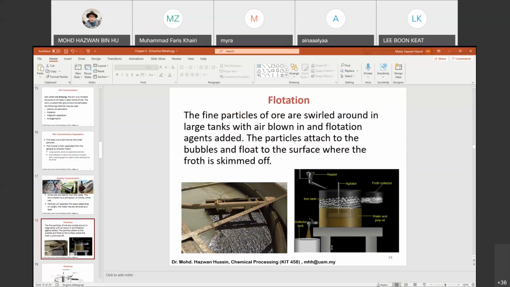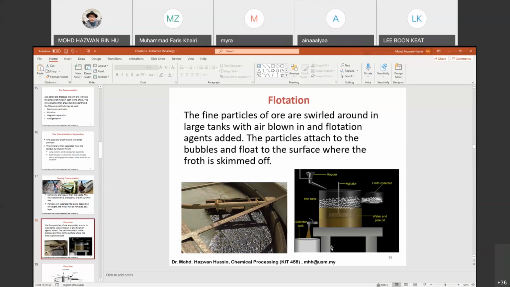Flotation is also another method. The fine particles of ore are shaken or swirled around in a large tank with air blown in, and the flotation agent is added. The particles attach to the bubbles and float to the surface, where the froth that forms will be skimmed off.